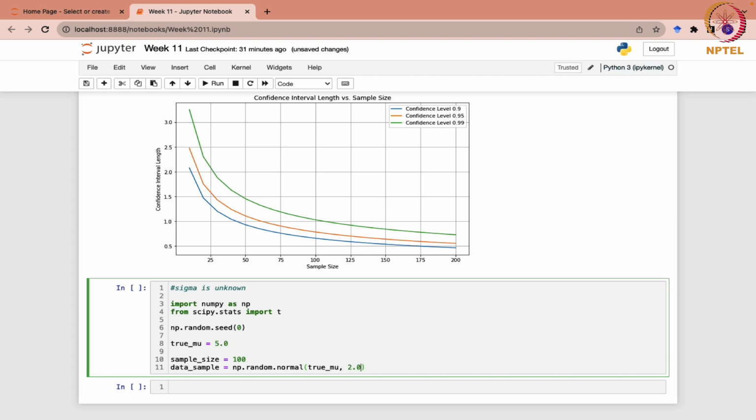We have not defined sigma, so let us take sigma as 2, and sample size.